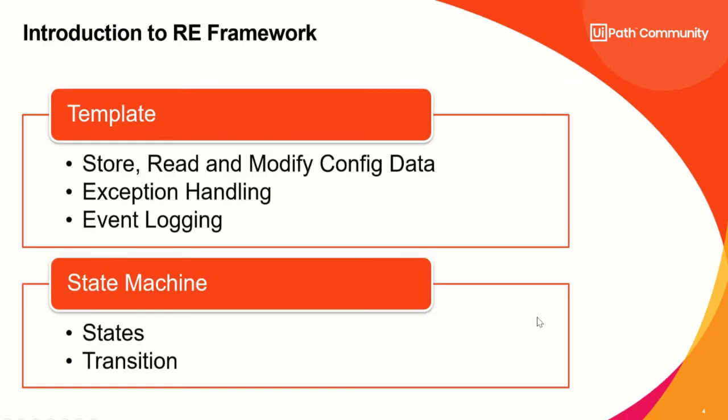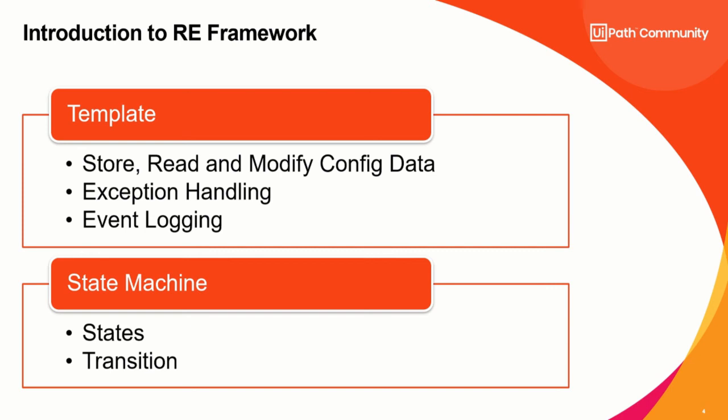Okay, so let me talk a bit more about this introduction to the RE framework. In any automation project involving a single or multiple applications, there are always challenges and you face a lot of errors and exceptions. Therefore we need to design our robots more efficiently so that they can overcome those challenges gracefully.